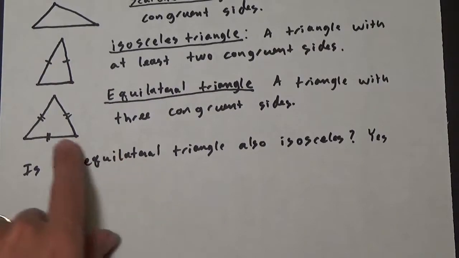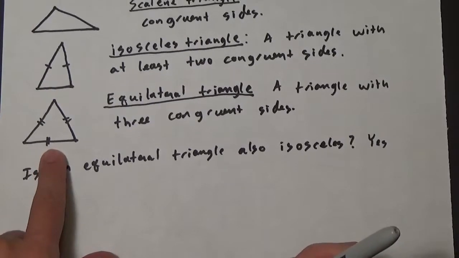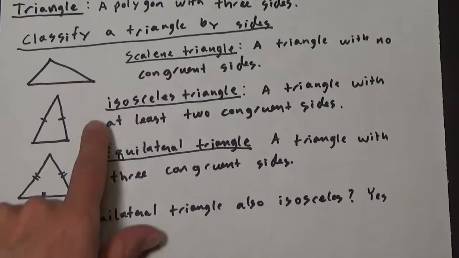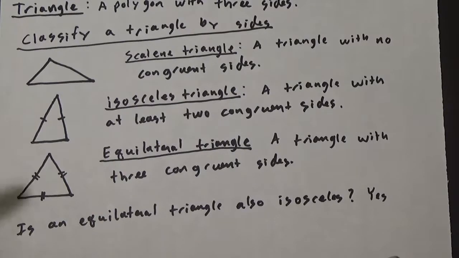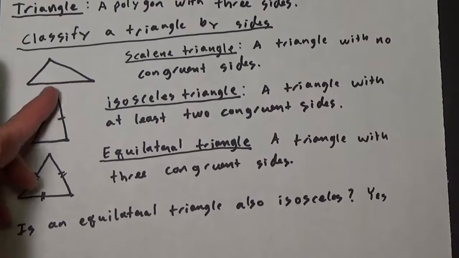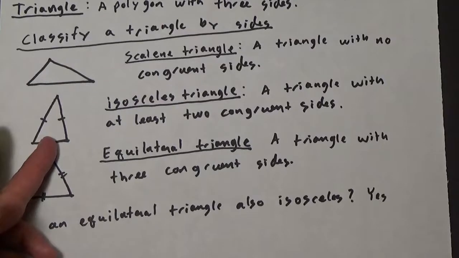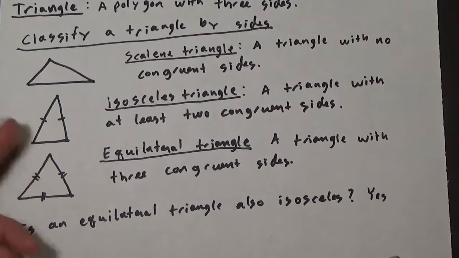Now, the reason this is an important concept is, back in geometry, when you were developing all these theorems for these triangles, you had a number of theorems about isosceles triangles. For example, if you have the altitude of an isosceles triangle from this vertex down to this base, then the altitude is also the median.